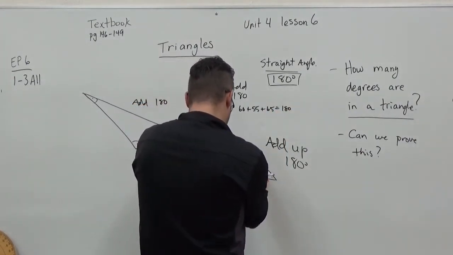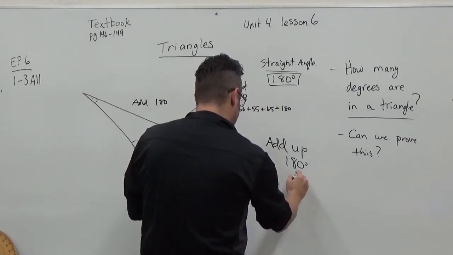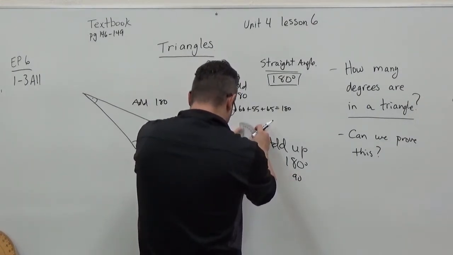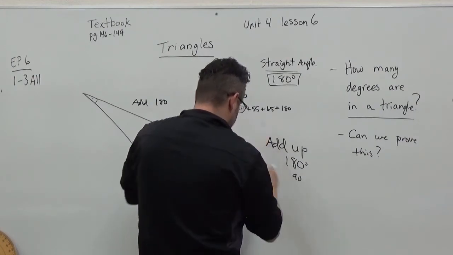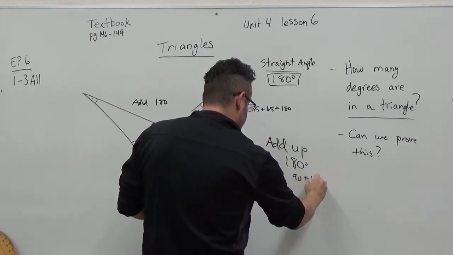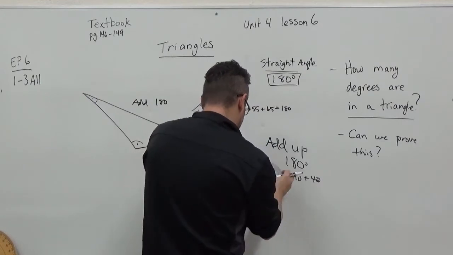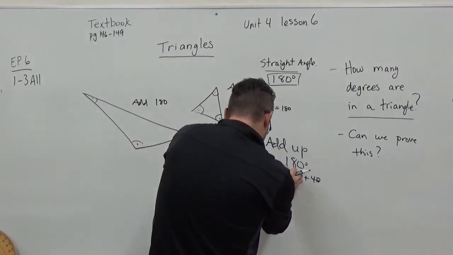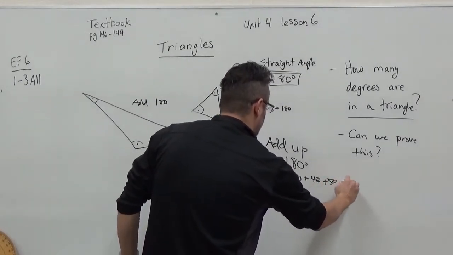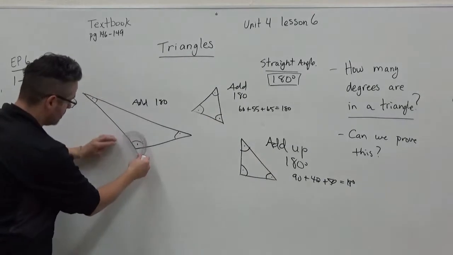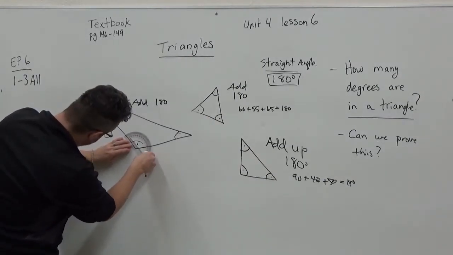Okay, here I got 90. Here we got about 40-ish. And here we've got around 50. Yep, 180. Let's look at our big guy over here.